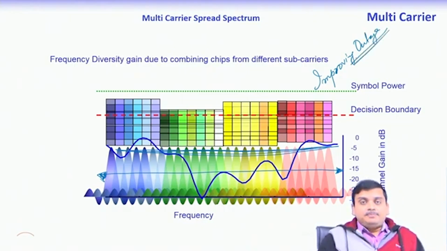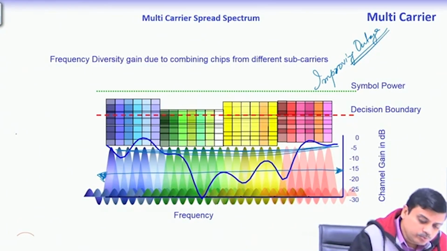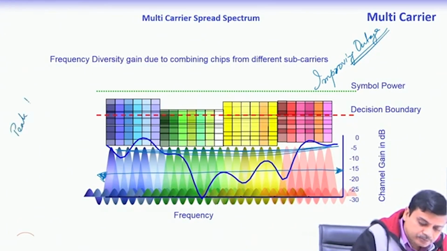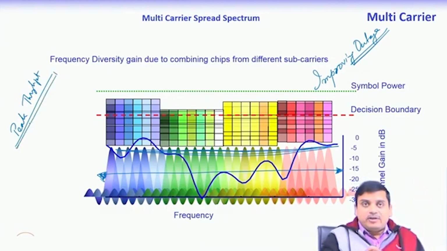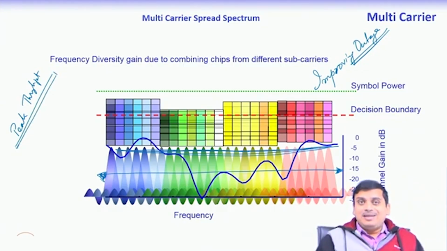Let me highlight, although peak throughput is very important, this is something which is one of the key advertising factors, I would say, or key parameters when people are moving from one generation to another generation. The other very important factor is the reliability.